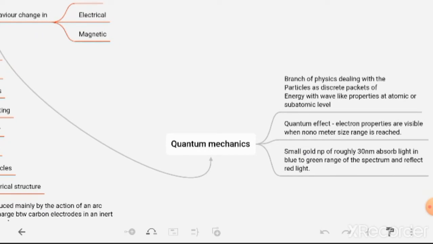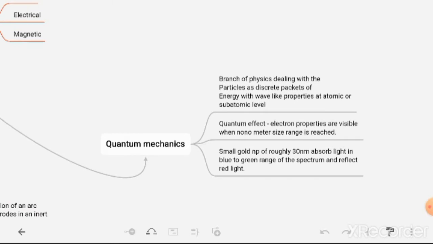What do you know about quantum effects? It's related to quantum mechanics. Quantum mechanics is the branch of physics which studies a particle as a discrete package of energy which behaves like a wave, at the atomic or subatomic level.